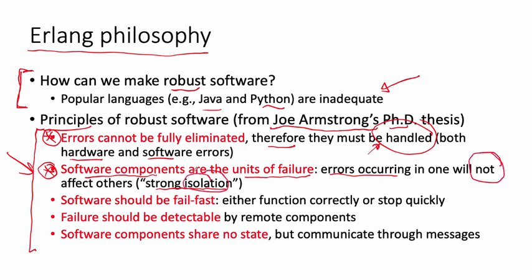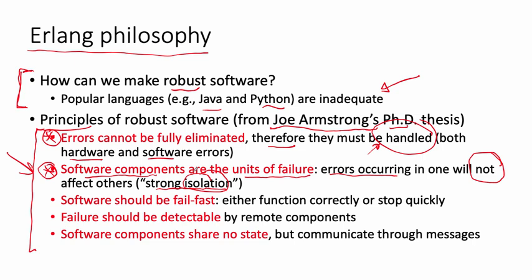So we have isolation. We have separate boxes. This is very different from Java. In a Java program, the whole program is monolithic. It's one big box. If something fails, the whole thing fails. So in Erlang, we say, no, we don't build our software like this. We build it as separate boxes that are isolated.